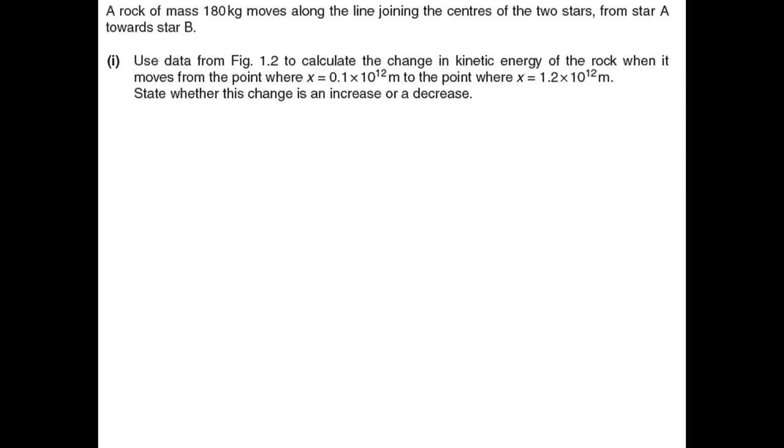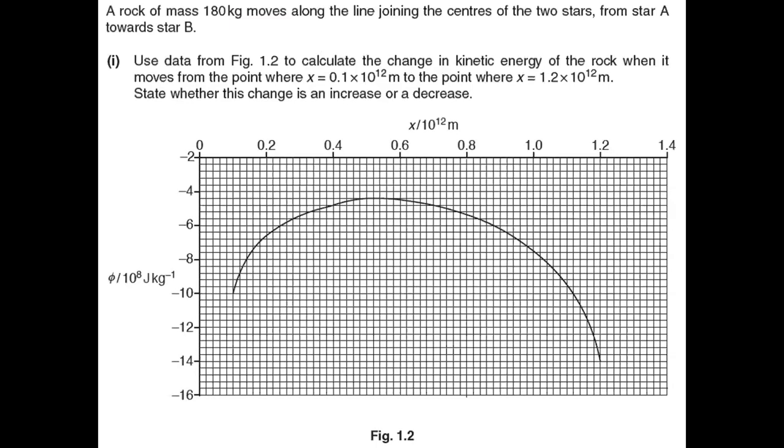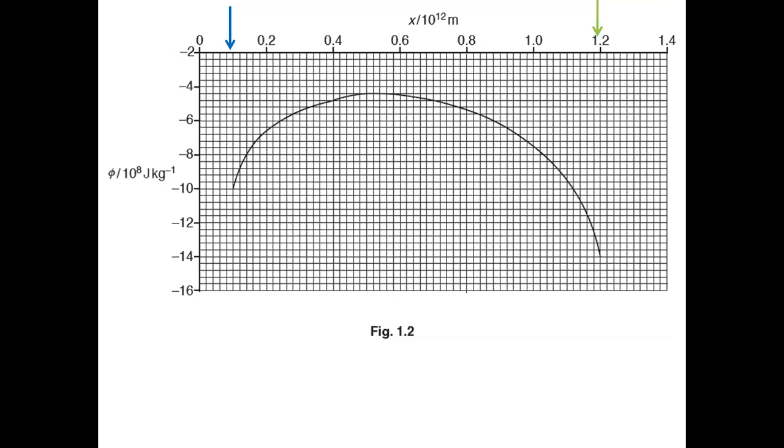So let's begin by analyzing the given information. In this question, we were asked to determine the change in kinetic energy when the rock starts at this point up until here. So looking at the graph, we can actually divide this graph into two parts. Just the first part and of course the second part.